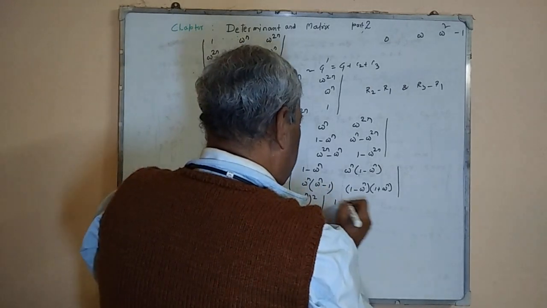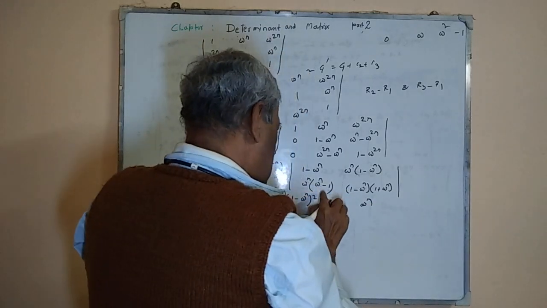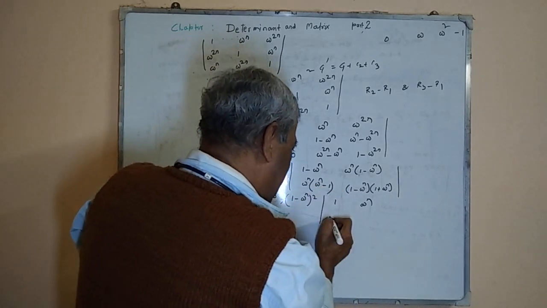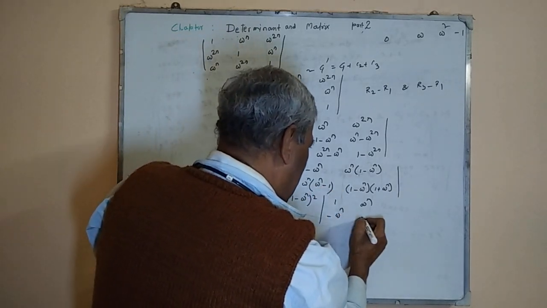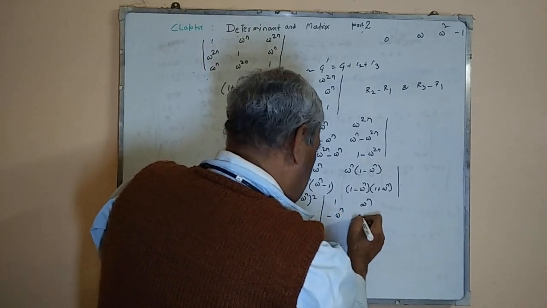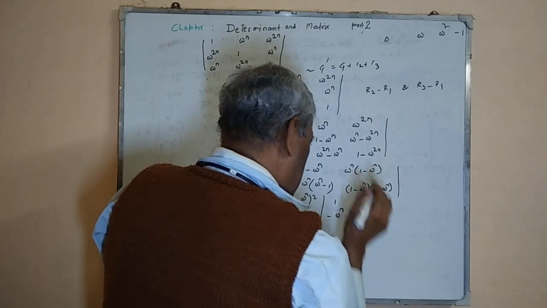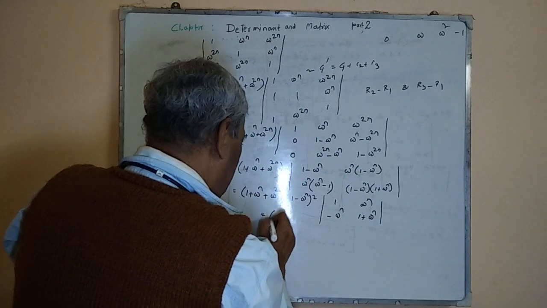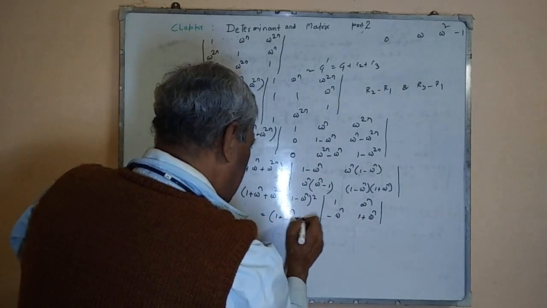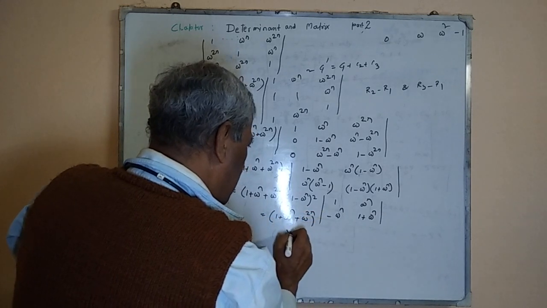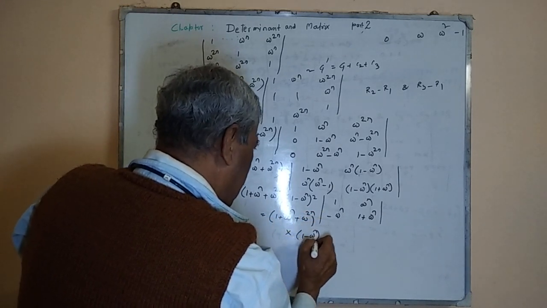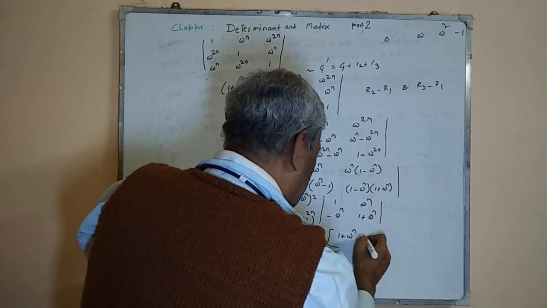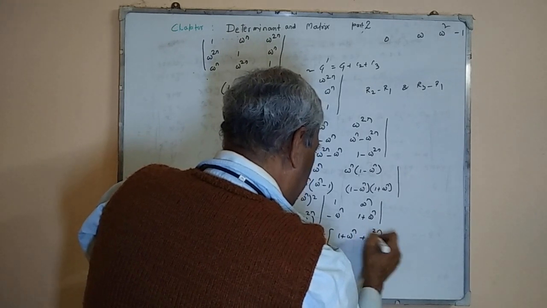The thing left is 1, omega to the power n; I have taken 1 minus omega to the power n, so 1 is negative there, minus omega to the power n, and this is 1 plus omega to the power n. So this becomes 1 plus omega to the power n into 1 minus omega to the power n whole square into 1 plus omega to the power n plus omega to the power 2n.